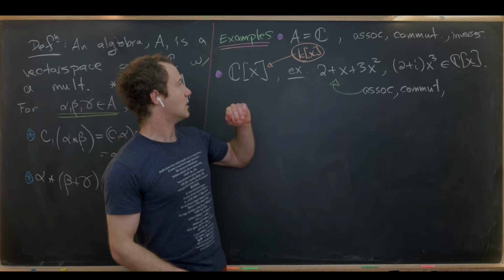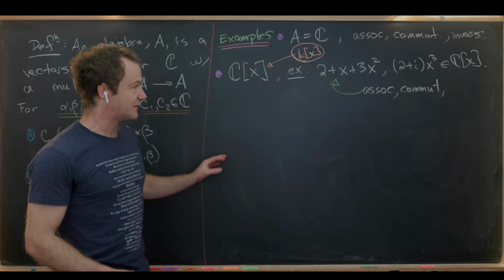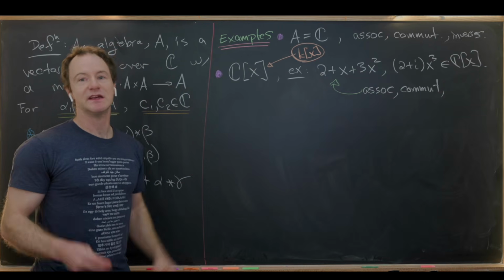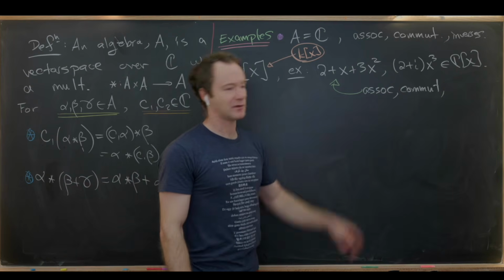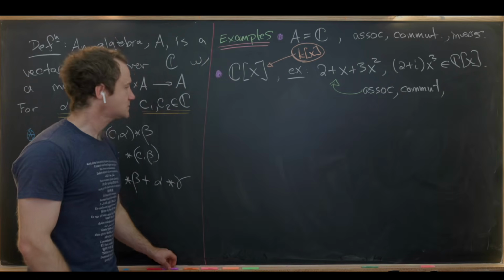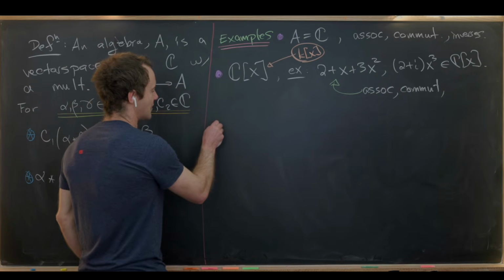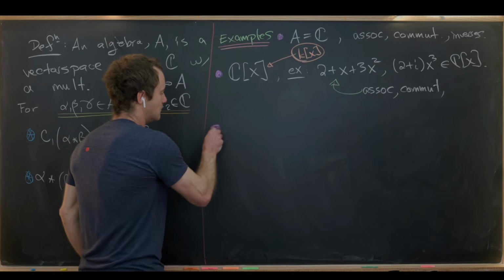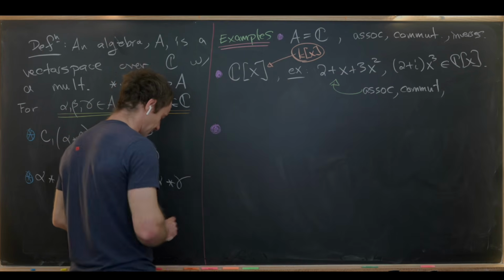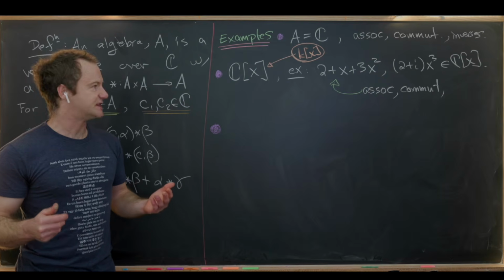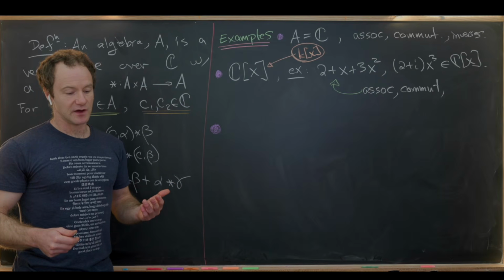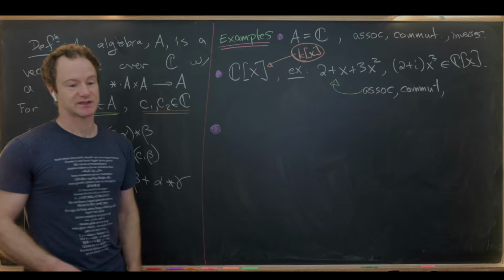Okay, so now let's move up and see if we can come up with some simple-ish examples where we discard some of these properties. So maybe the one that would be most obvious, which you would learn about in a linear algebra class, although you might not use these words, would be the algebra of matrices.